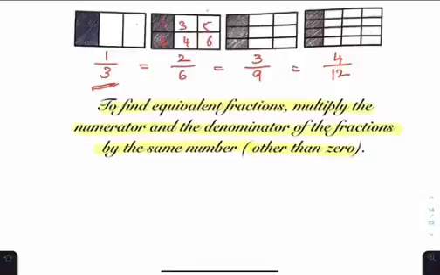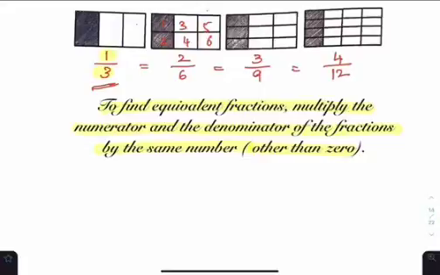Children, make it very clear in your minds that you have to multiply both numerator and denominator with the same number. But this number should not be 0. Other than 0, you can multiply both numerator and denominator with the same number to get an equivalent fraction.